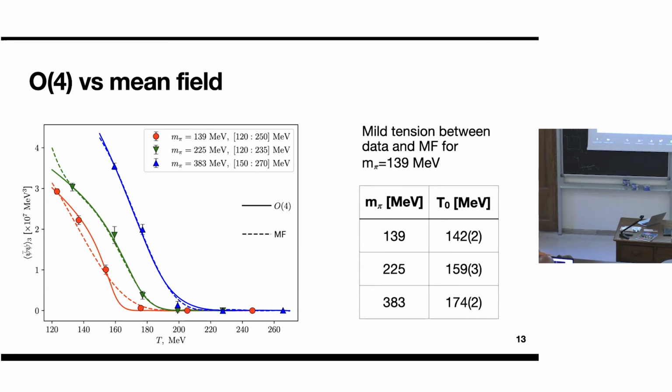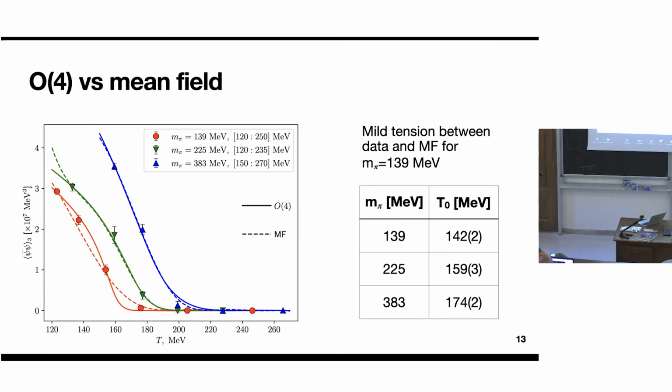Alternatively, coming back to the O4 universality class, if we perform the fit of the data with the O4 universality class, then it also works pretty decently, but the critical temperature extracted from the single fit T naught is completely different from the one that we obtained in the previous two approaches. Only for the lowest pi mass, the prediction for this T naught is comparable with the results that I showed on the previous two slides.